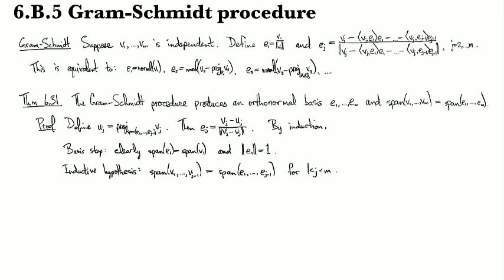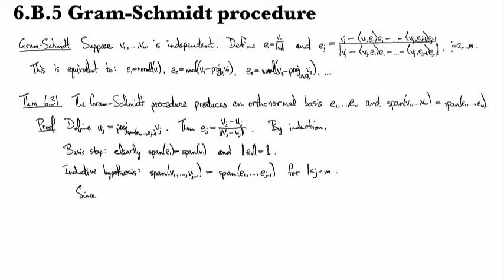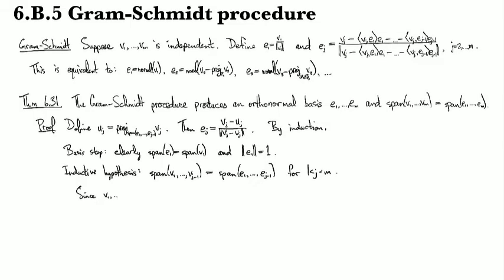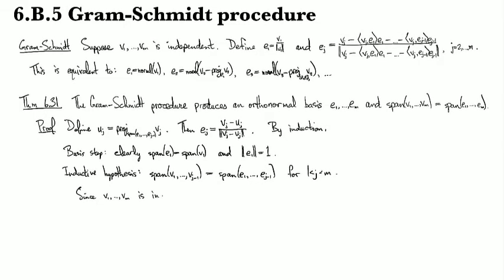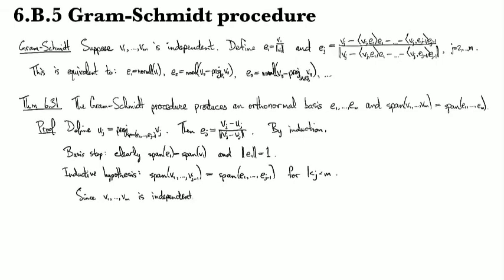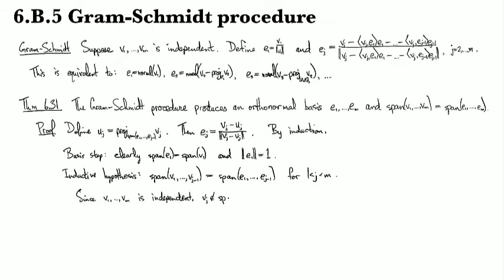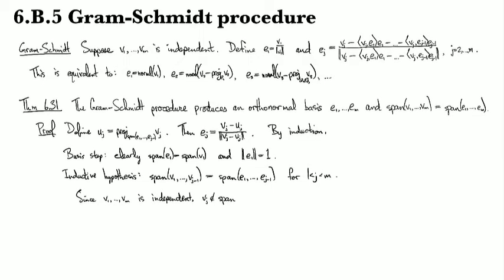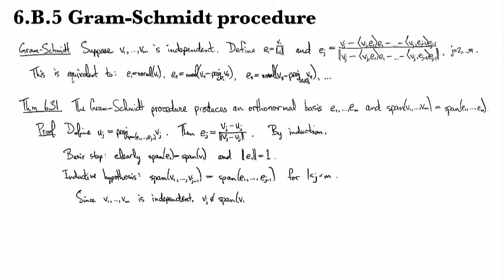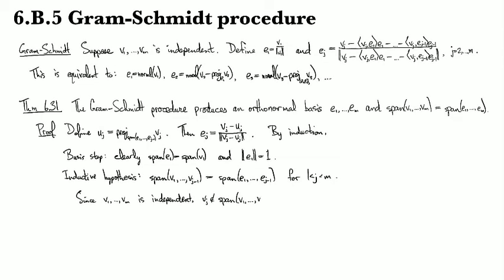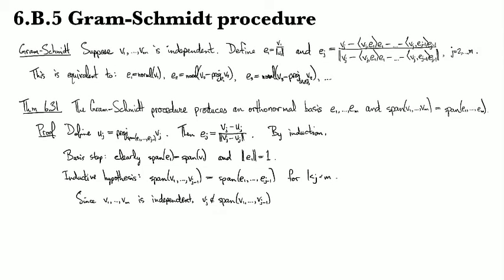Okay, so let's see now. Since V1 up through Vm is independent, we know that Vj is not going to be in the span of the foregoing, because it's not going to be in the span of any of the others because it's independent.